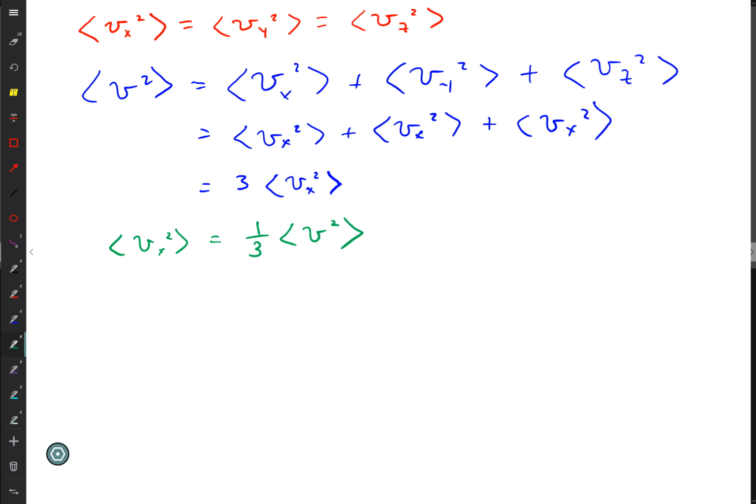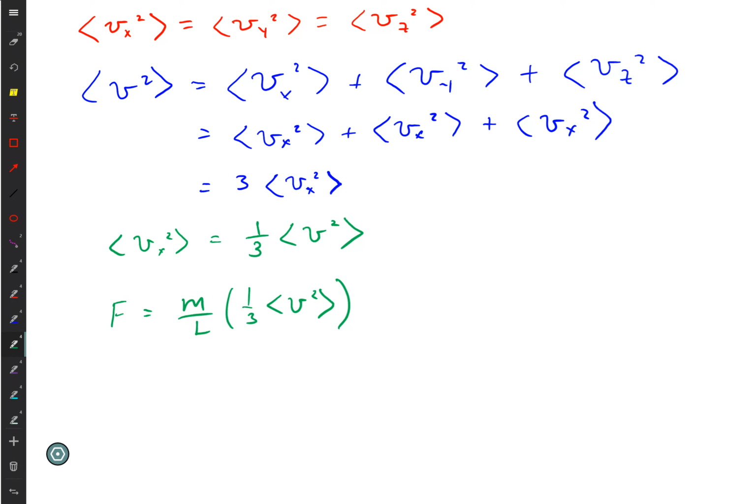So putting that into my force equation, I have a relationship between the average force on the wall and the average of the squared speed of the molecules. And I've taken up 11 minutes of my derivation. We haven't gotten to our first important answer yet, but we're only a step away, thankfully.